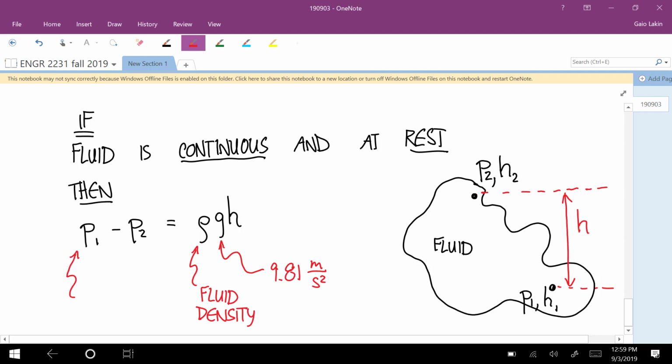So this P1 is the lower point, and the P2 is the higher point.